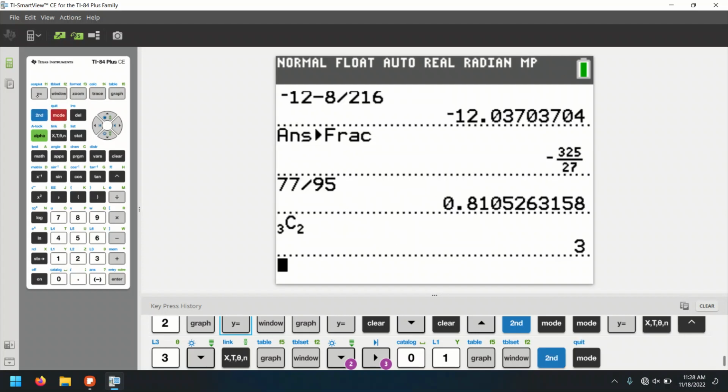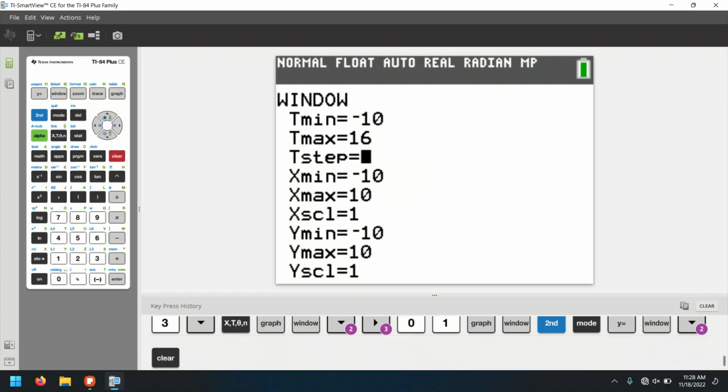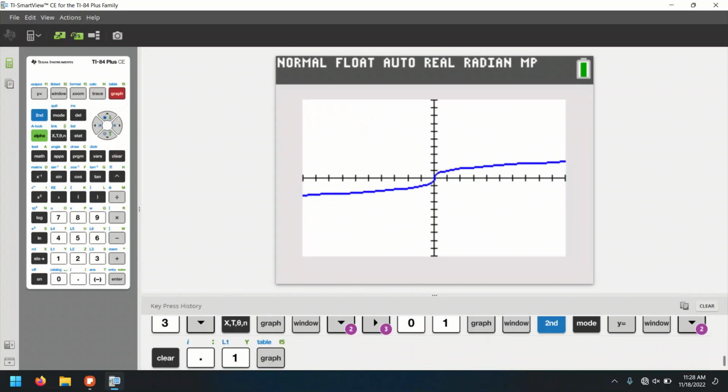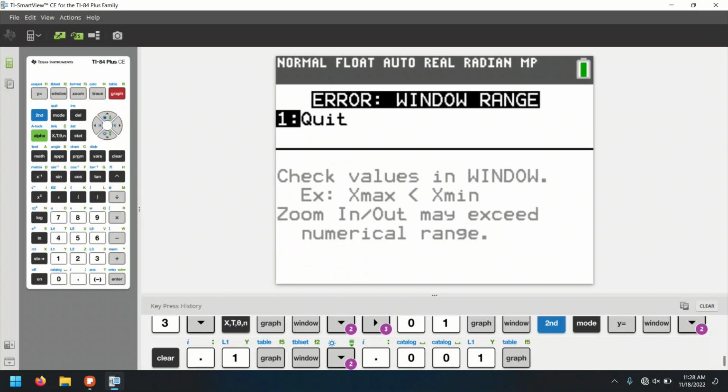This step is not accepting 0.01. Okay, let me try 0.1 and see what happens. I wasn't even able to see the direction. Let me try 0.001.